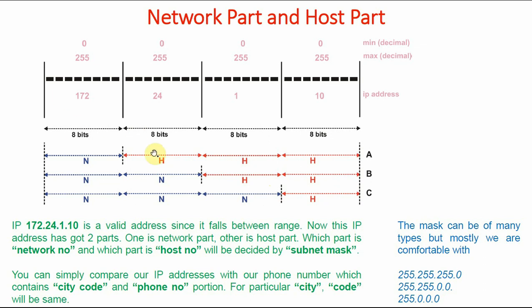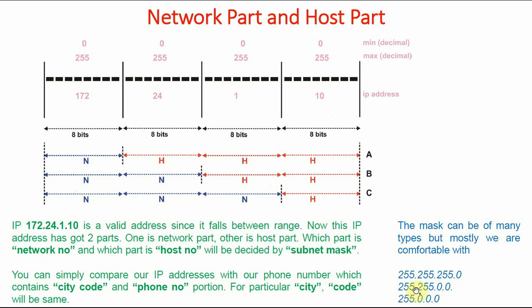So if your mask is 3 times 255, that means your network portion is going to be 172.24.1. That means the first three octets belong to your network, and the fourth belongs to your host portion.